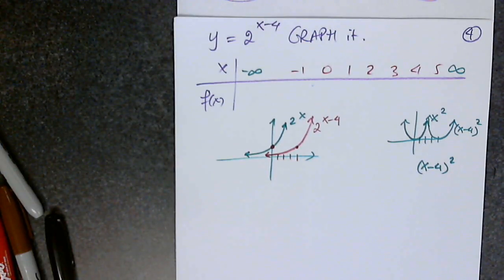And then go to second and table. Of course, I forgot, it always goes back to default. Okay, second and table. And just plug in those numbers. You don't have to calculate by hand. So negative 1, 0, 1, 2, 3, 4, 5.